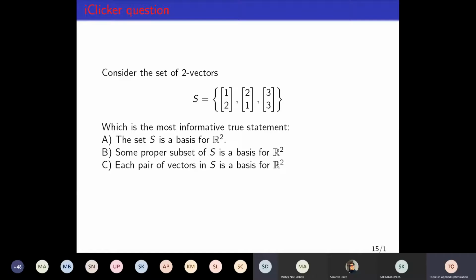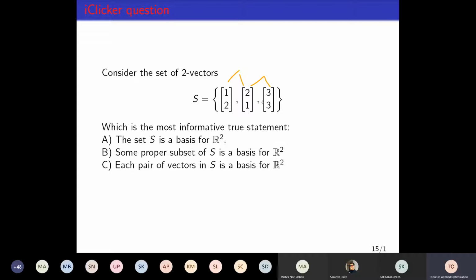Yes. Okay, so the answer is indeed yes, because pairwise they are linearly independent. If you're comparing only two, then you just have to see a scalar multiple. Can I write 2, 1 as some scalar multiple of 1, 2? Definitely not. Can I write 2, 1 as some scalar multiple of 3, 3?